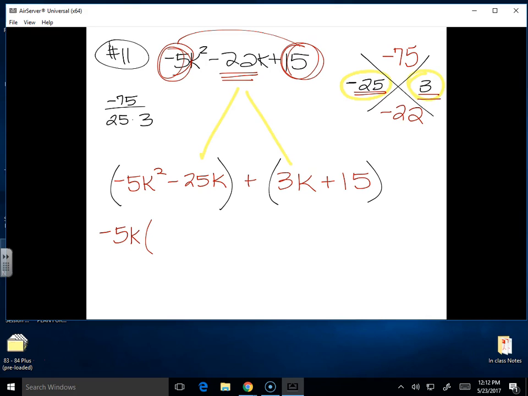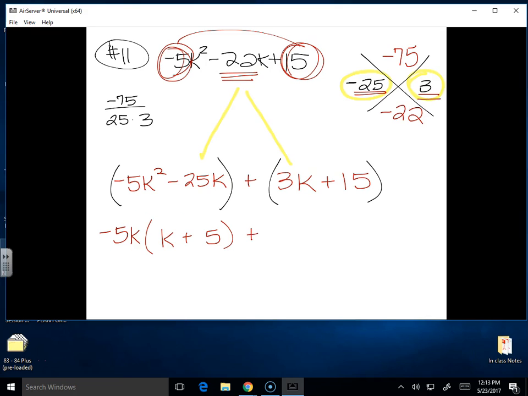If I pull away the negative 5 and the k, what's left? Positive 5. So I'm going to have 1k left over and a 5. Remember, you can distribute and double check. The first one would be negative 5k squared. The second one would be negative 25k.